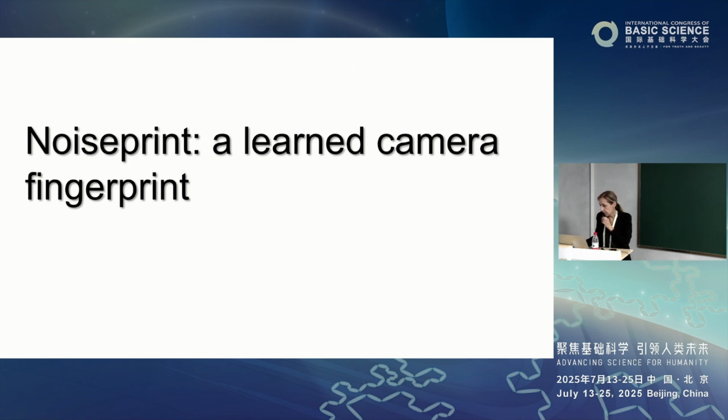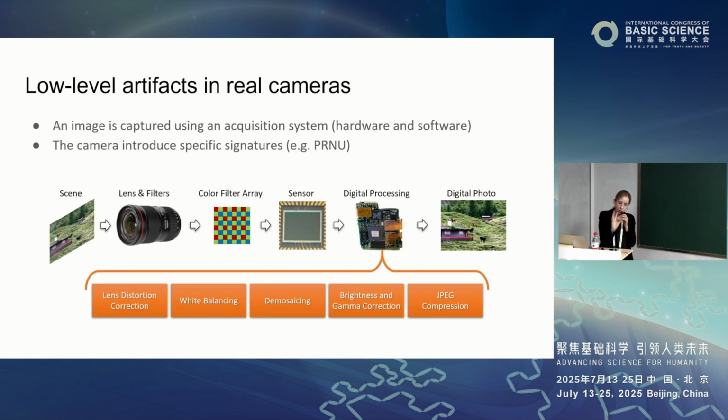So if a synthetic generator has an artificial fingerprint, of course, also real images have a specific fingerprint, and this fingerprint is related to the way the image was generated. The image is captured using an acquisition system, and then inside you have a demosaicking filter because there is a color filter array, and some digital signal processing operations like lens distortion correction, white balancing, and even JPEG compression.